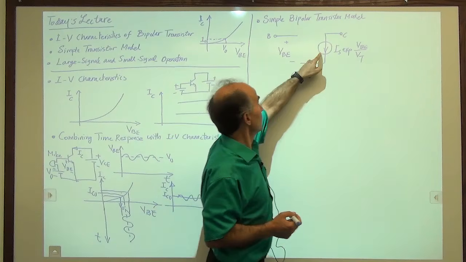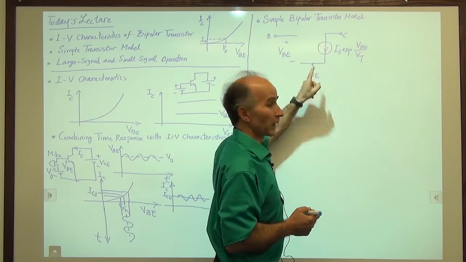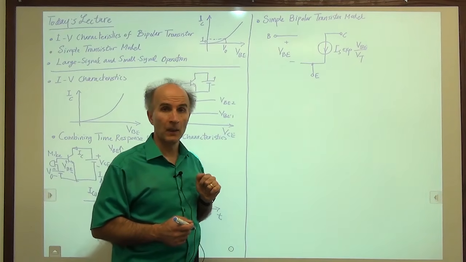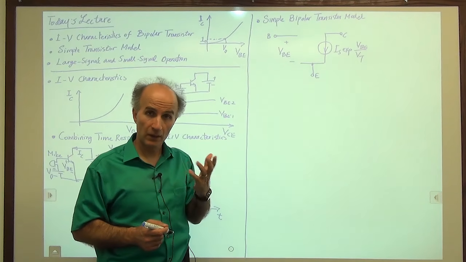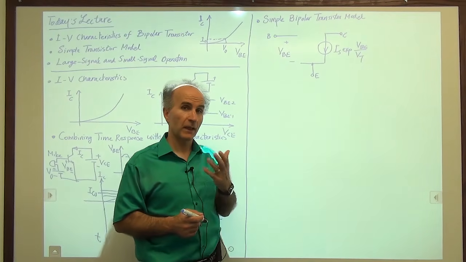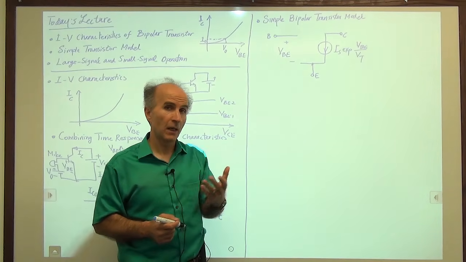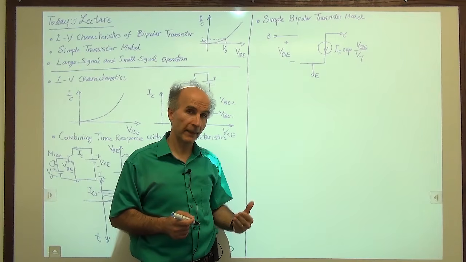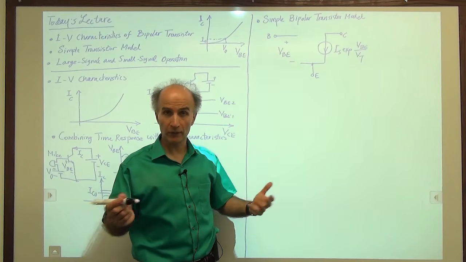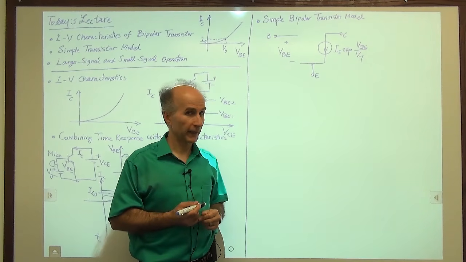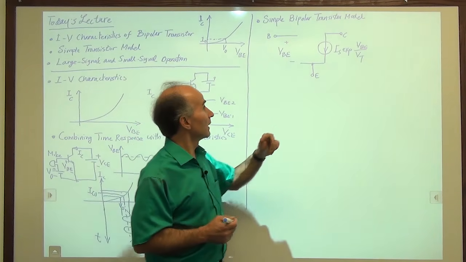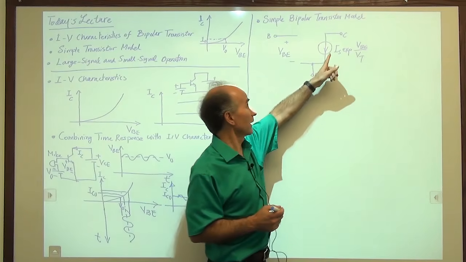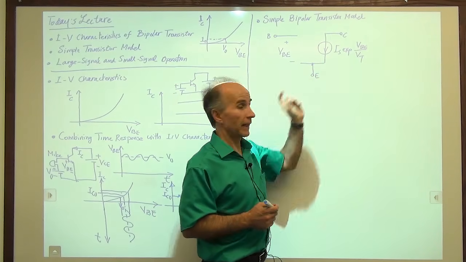Should I draw this current source this way instead of this way? Well, I cannot draw it to the base because I know that the base current is smaller. Remember that we said if the collector current is IC, the base current is IC over beta. Beta is maybe 100 or 200. So I can't do that. The only reasonable approximation or representation is to connect the current source between the collector and the emitter.